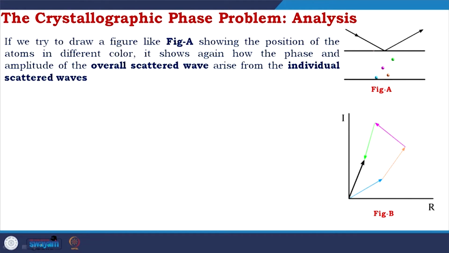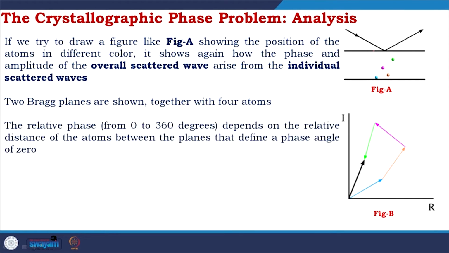Every atom has its own scattering, right. There are 4 atoms and 2 Bragg planes. The relative phase from 0 to 360 degrees depends on the relative distance of the atoms between the planes that define a phase angle of 0.